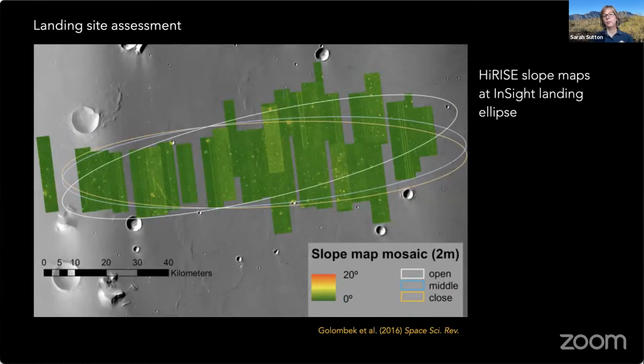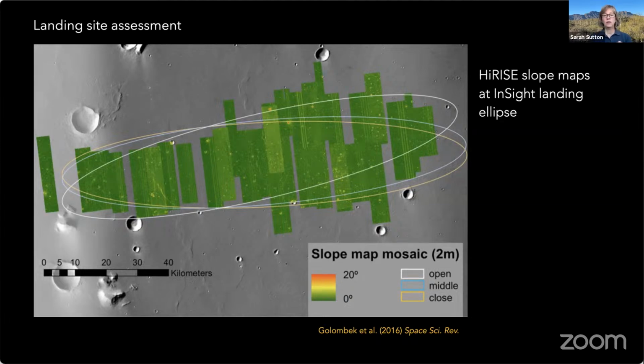Another benefit to using these topography models is for assessing candidate landing sites. I'm sure that you've all heard of the rovers and landers that have been successfully operated on Mars by NASA and other countries.